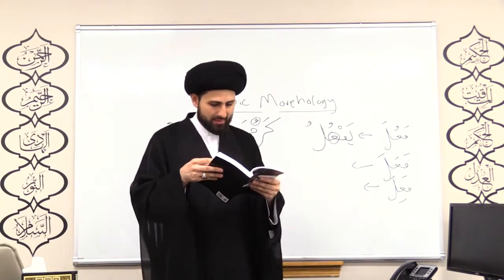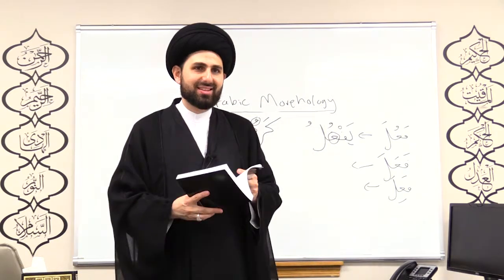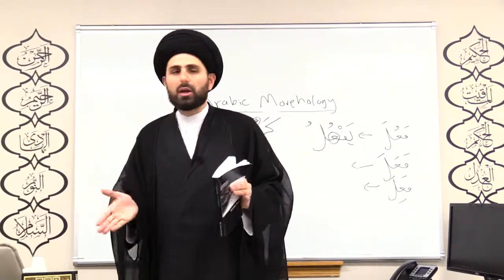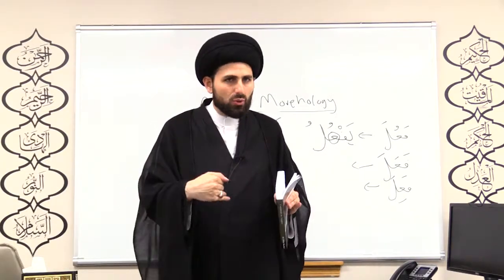This only applies to fi'l madi. Yes, that's the last thing. This is for fa'ala. So fa'ala can come in three forms in the mudara'. It could be yaf'alu, yaf'ilu, yaf'ulu. But if your madi is fa'ila, like what? Shariba, right?